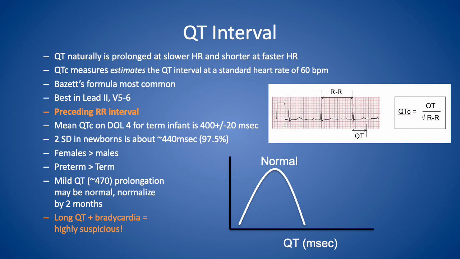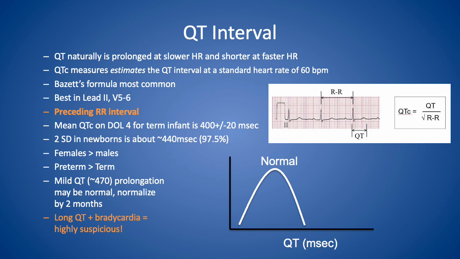So let's briefly talk about the QT interval. Because the QT interval changes with heart rate, the QT naturally is prolonged at slower heart rates and is shorter at faster heart rates. What we do is we measure a corrected QT, which estimates the QT interval at a standard heart rate of 60 beats per minute. There are many different ways to standardize it.